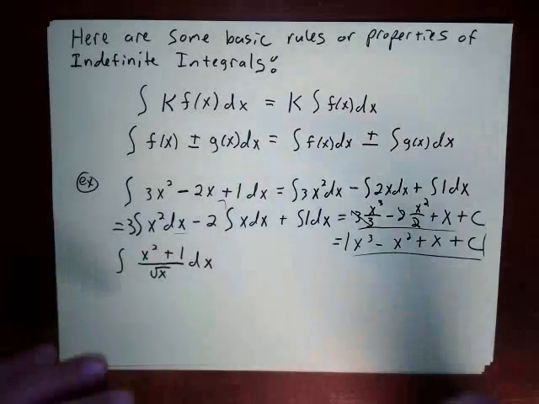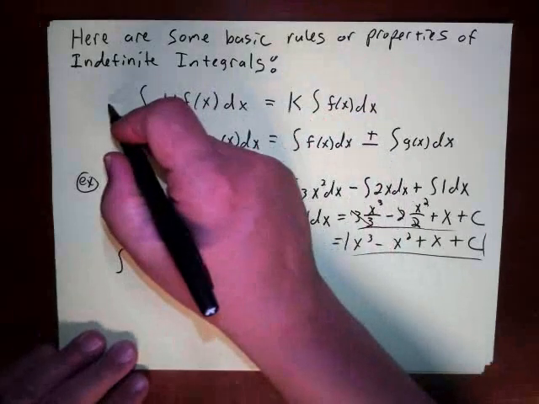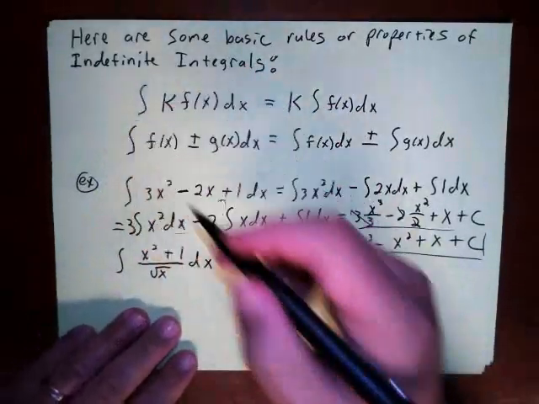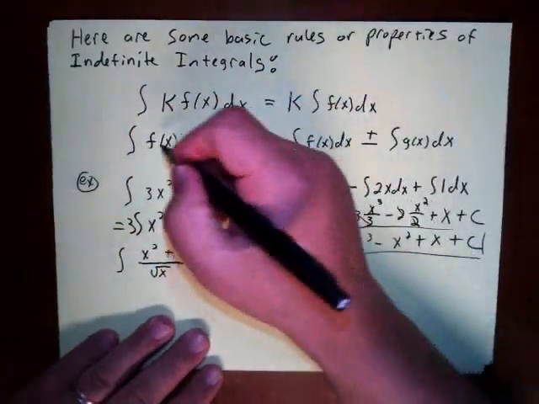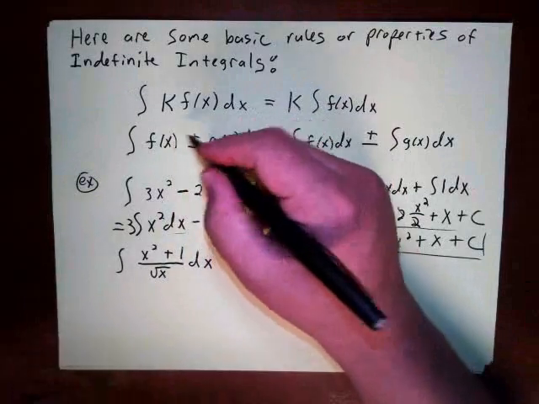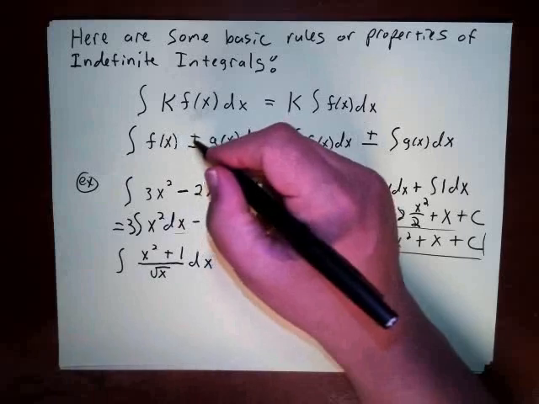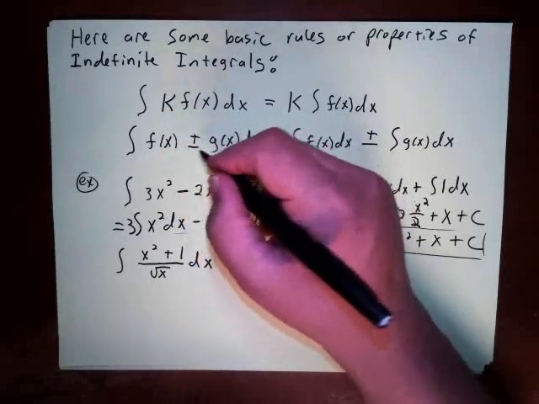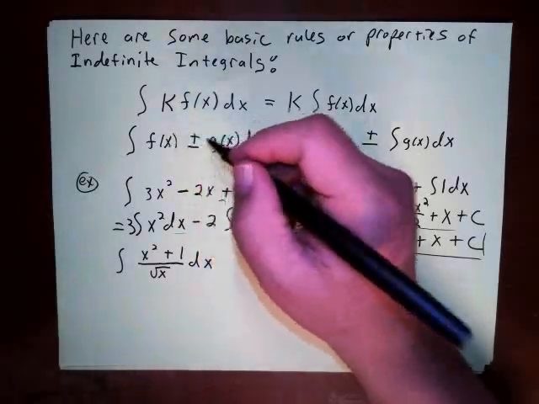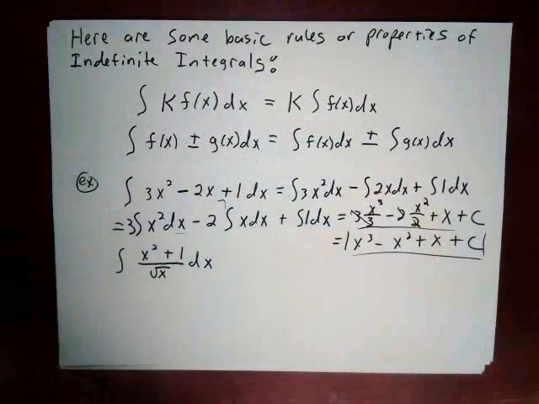That's the only time I can do it. In other words, I can't pull out a function. I can't pull out anything with an x. And I can't split this up over a product of two numbers, or a product of two functions, or one function divided by another. You would have to do something else.